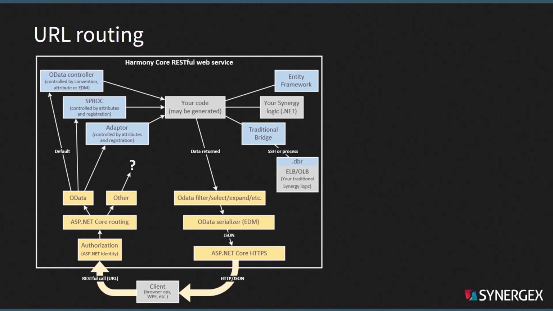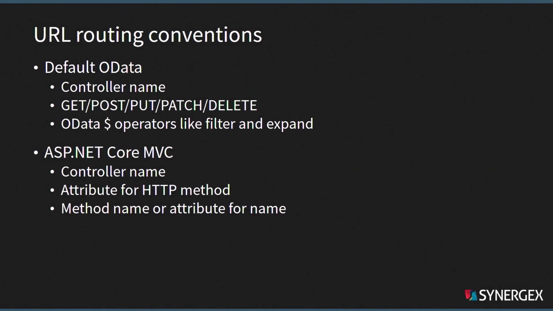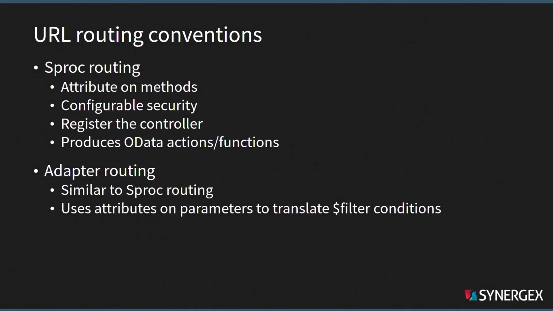I'll go into traditional bridge a bit later, but we're going to get an answer, and it's going to get serialized and filtered by OData, sent out back through ASP.NET Core and HTTPS, and then handed to your client. So that's the life cycle. Request comes in, routes around, hits your code, serialized, back out to the user. So that's just an explanation of what I just went through.